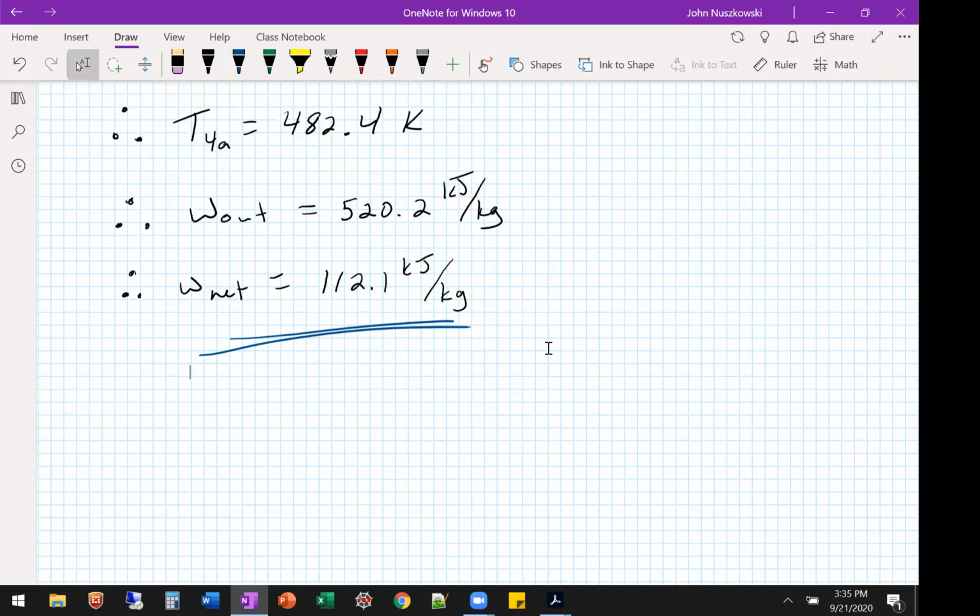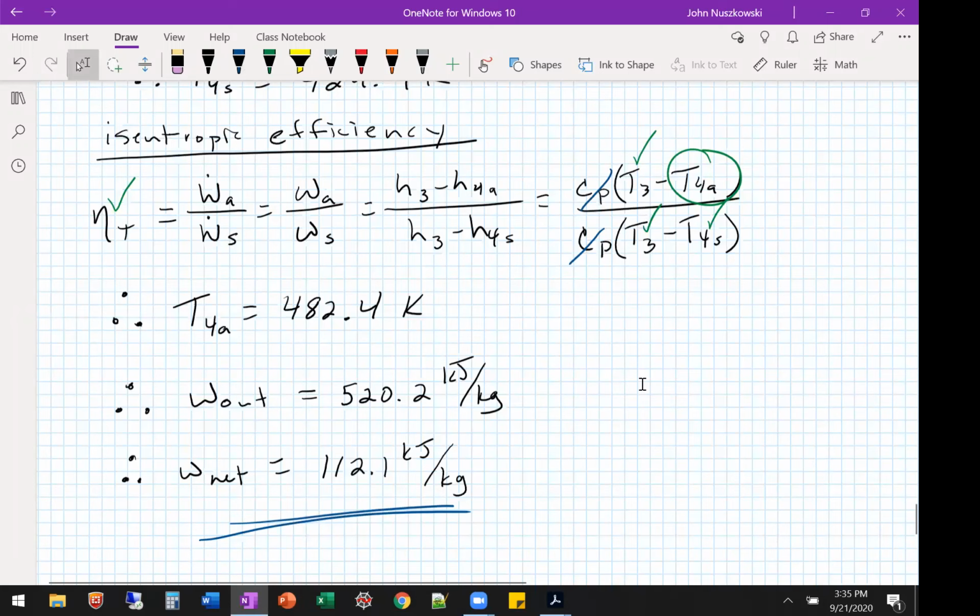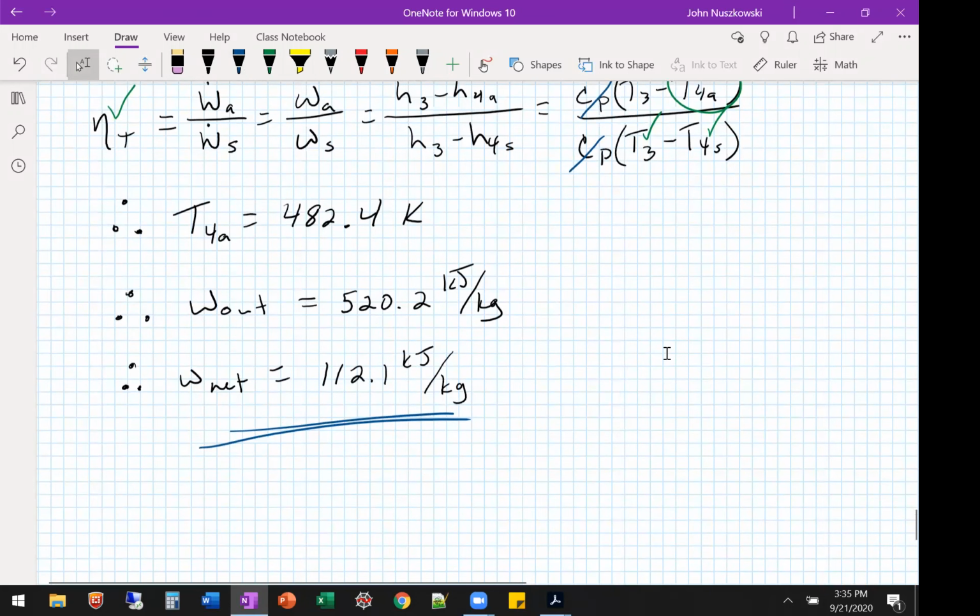The second part, any questions first? I'm confused on the units. If you were to multiply by the mass flow rate, that would give you power? Yep. You would have kilojoules per kilogram multiplied by kilograms per second, which gives kilojoules per second, or kilowatts.